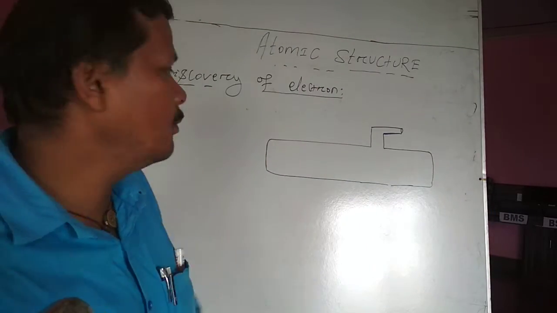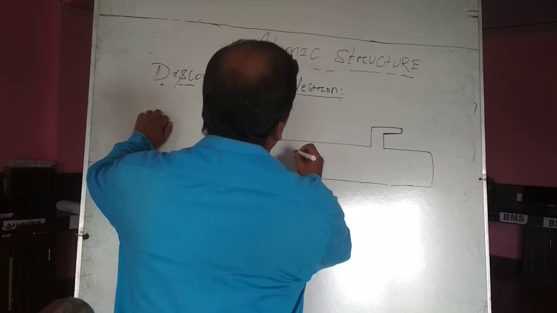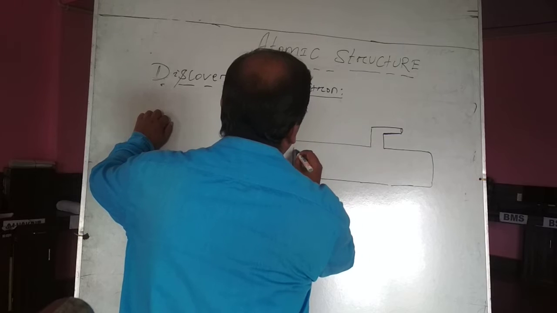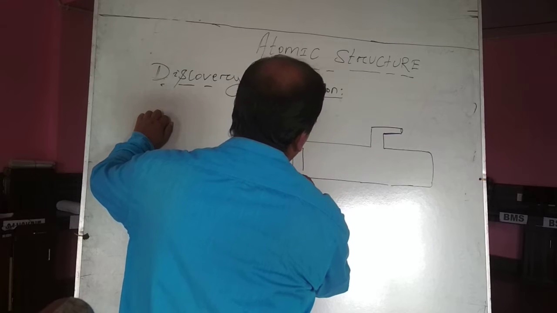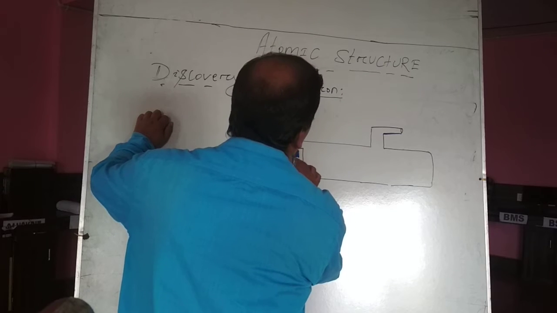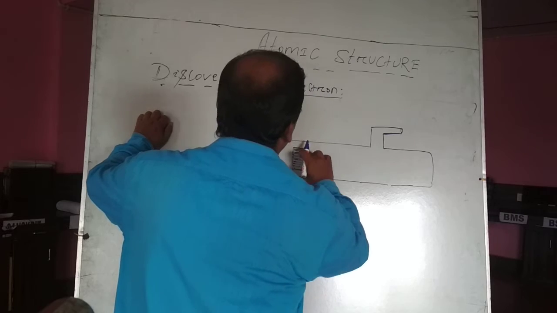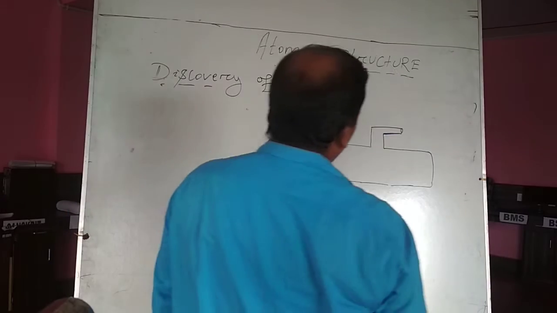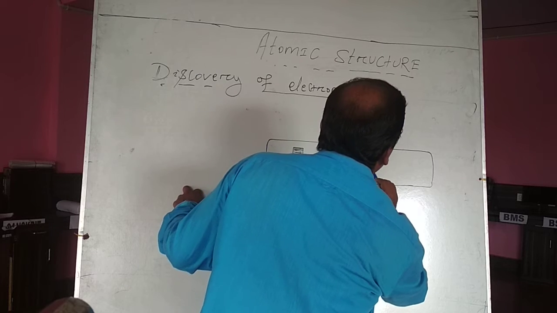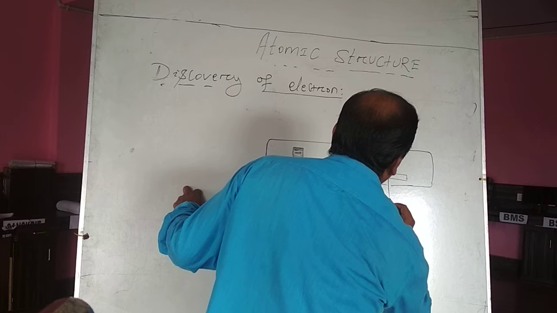It consists of two metallic plates. Here is one metallic plate, and another metallic plate is fitted here. Now this metallic plate, like this metallic plate, is connected to a source of high voltage.